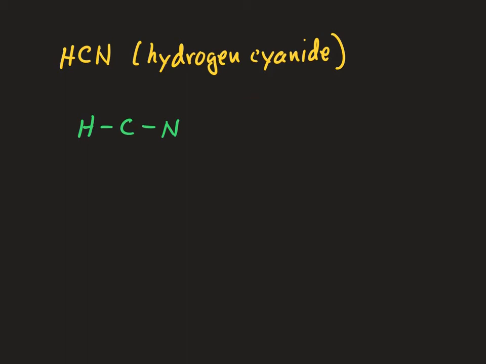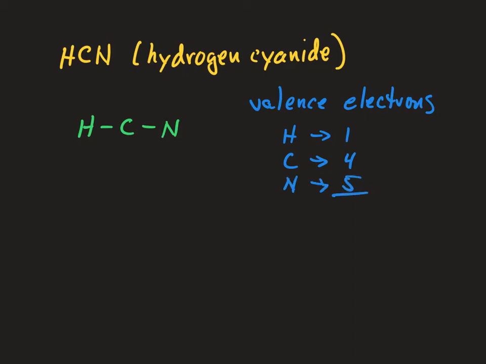If we count up our valence electrons, hydrogen has 1, carbon has 4, nitrogen has 5. That adds up to 10. We've got 2 bonds there. That accounts for 4 of those, leaving us with 6.